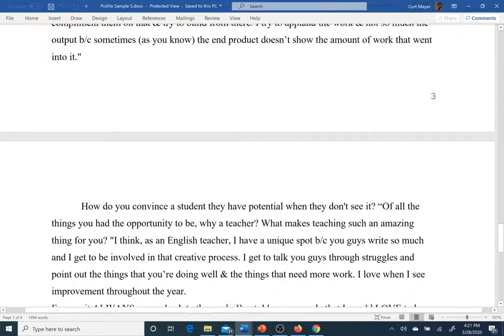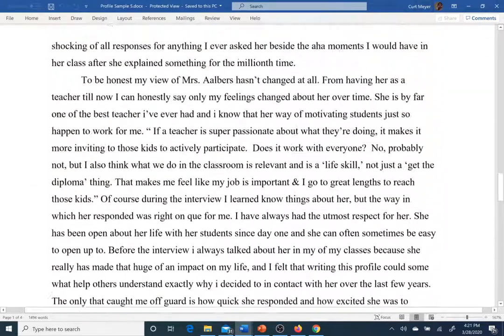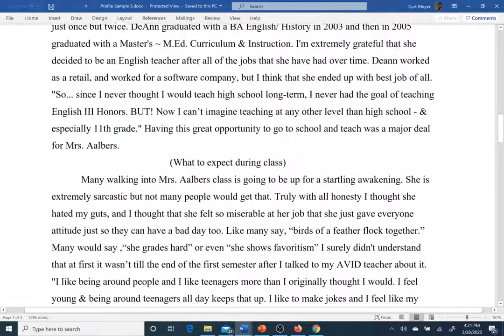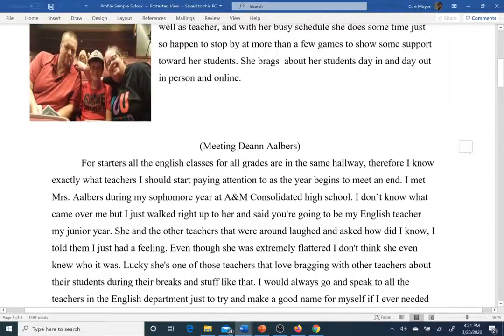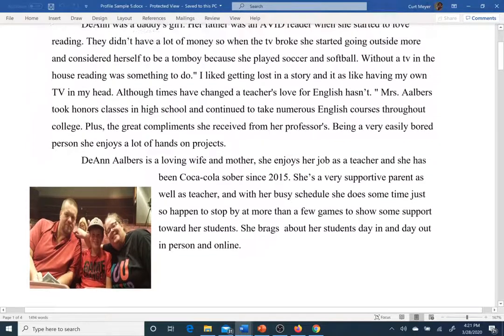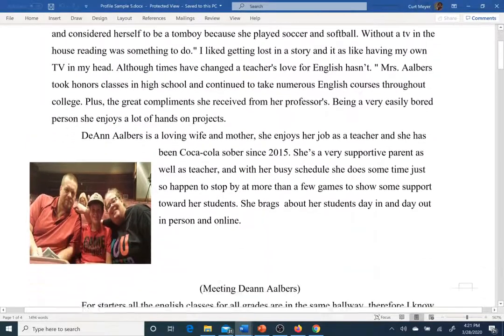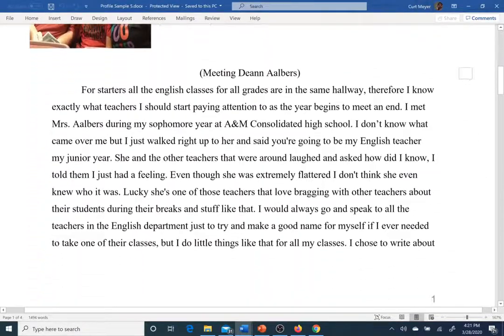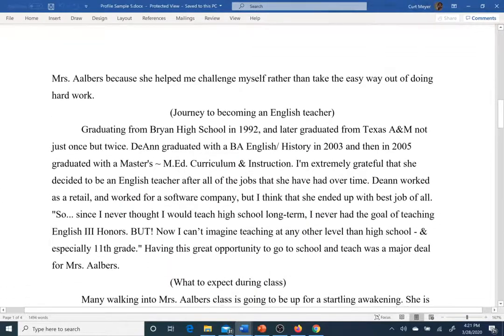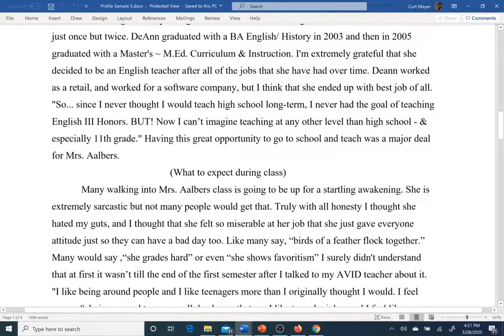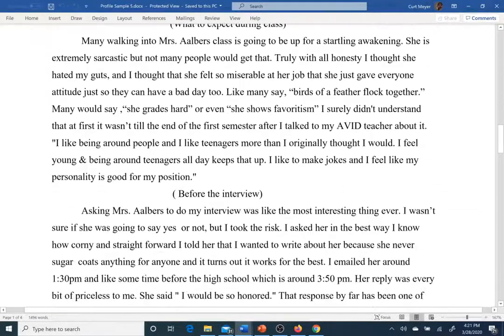Now I will point out to you again, this is not a perfect essay, and I'm not expecting it to be a perfect essay. For example, there are several instances of lowercase I being used in here. Let me see if I can find it. Of course, now that I mention that, I'm not seeing it.